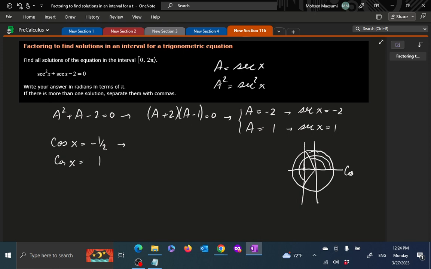So this becomes x is equal to 2 pi over 3, or 4 pi over 3. Look up in the table or circle, or draw a picture. Cosine of x equal to 1, I get x equal to 0. So 0, 2 pi over 3, 4 pi over 3 are the answers up to 2 pi. General answers would require that we add them all up.